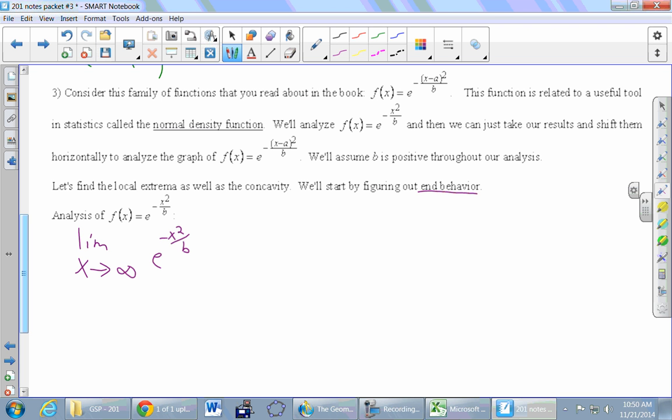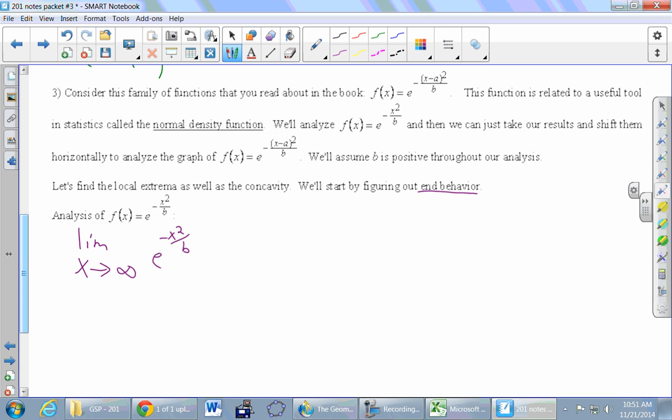Okay, so x going to infinity means that this x up here is really big, and then I square it, and it's even bigger. And then I divide by b, which we're assuming the whole time is a positive number. So the whole thing up there is some big positive number, but then there's a negative sign in the front, which makes it a big negative number. And then we take e and raise it to this big negative number.